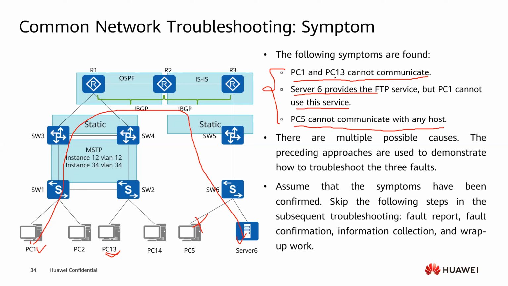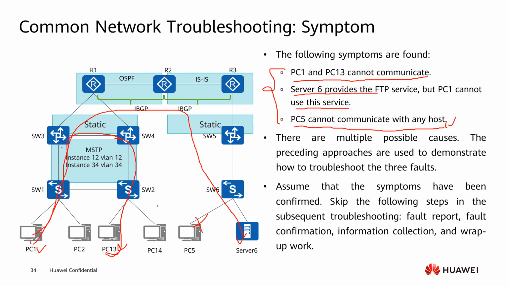For PC1 and PC13, because they just communicate in the same layer 2 network, we just configure these four devices. For server 6 and PC1, we must check all the routes and the whole topology. PC5 can't communicate with any host.